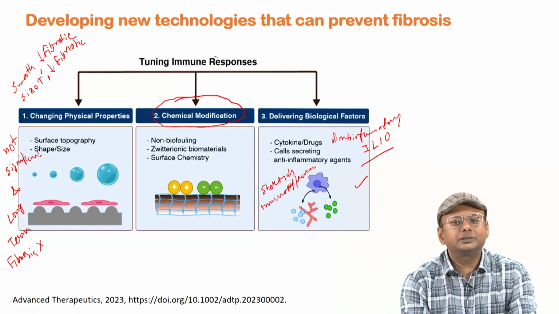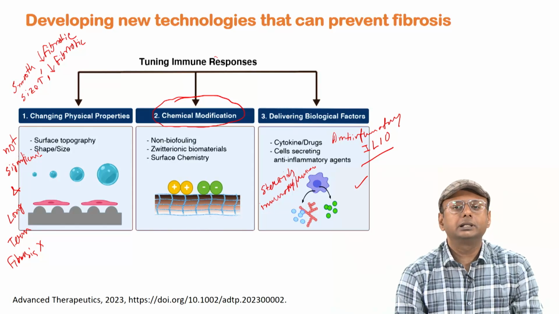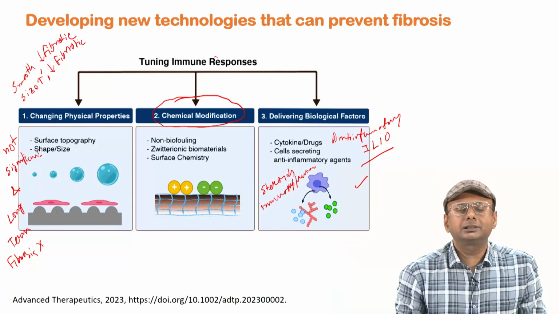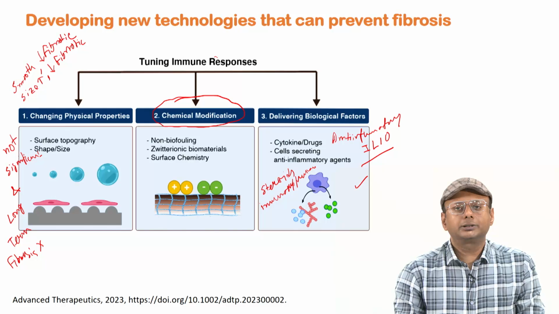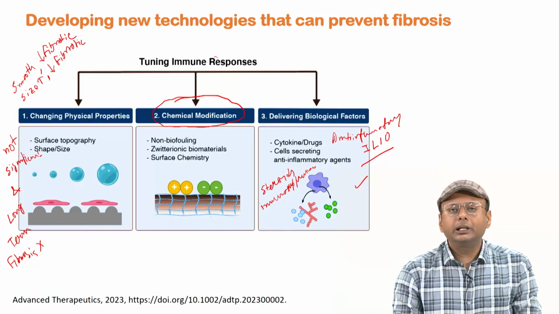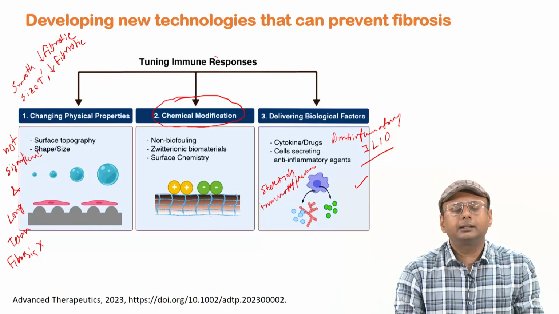Okay, so this is basically the use of chemical moieties to reduce fibrosis, so that these capsules which are carrying the therapeutic beta islet cells can stay in the body for longer and can produce insulin that can correct the hyperglycemic condition.